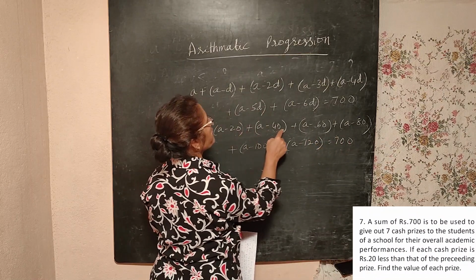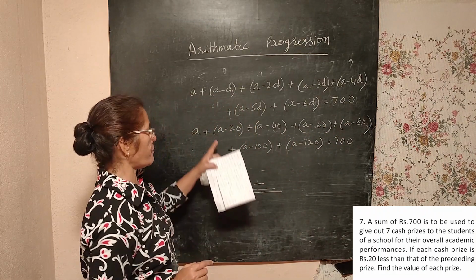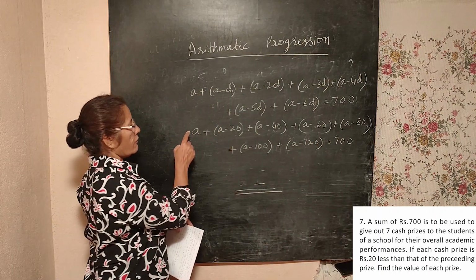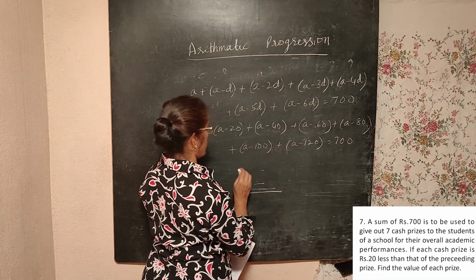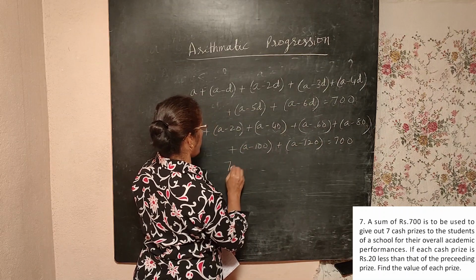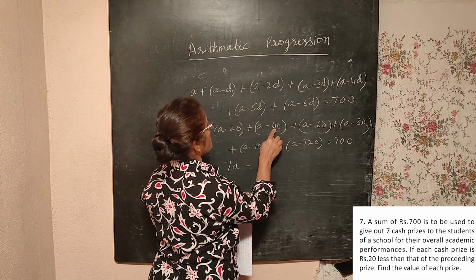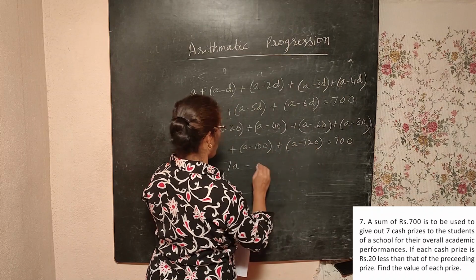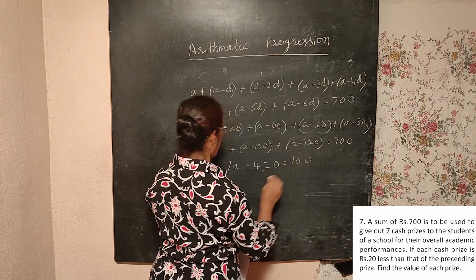Totally 1, 2, 3, 4, 5, 6, 7. So I put the bracket to show that there are 7 different prizes. So you get 7A minus (20 plus 40 plus 60 plus 80 plus 100 plus 120, which is 420) is equal to 700.